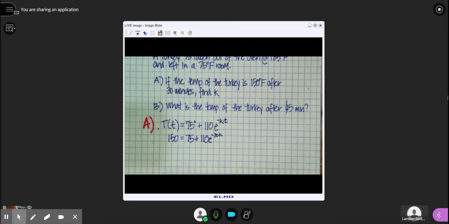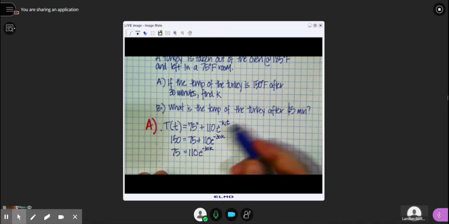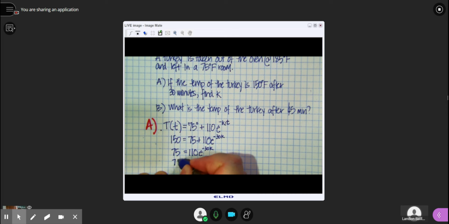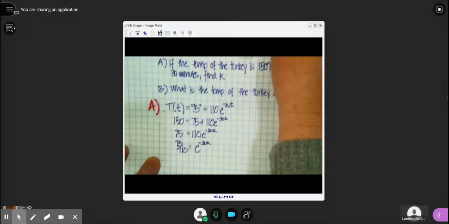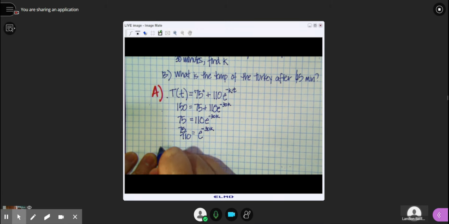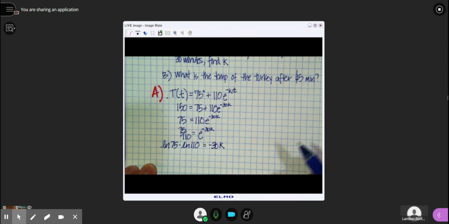So I'm going to have 75, because 150 minus 75 is 75, equals 110 e to the negative 30k. So 75 over 110 is going to be e to the negative 30k. Now, can I do two steps at once again? Yep, or divide by negative 30, either way.